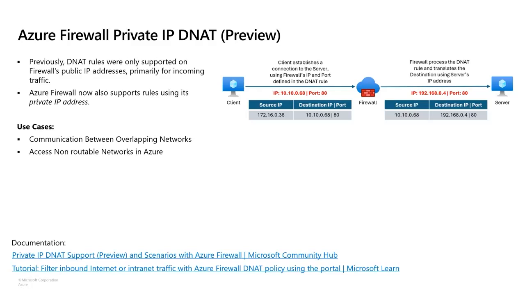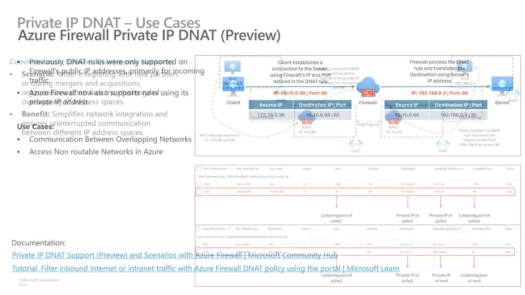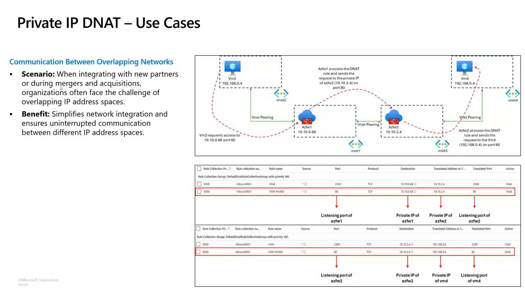Moving on to the next section, after that introduction and background, I will take a look at the first use case, which is to allow communication between overlapping networks. The most common scenario for this is when you're integrating with new partners or during mergers and acquisitions. Organizations usually face the challenge of overlapping IP address spaces.